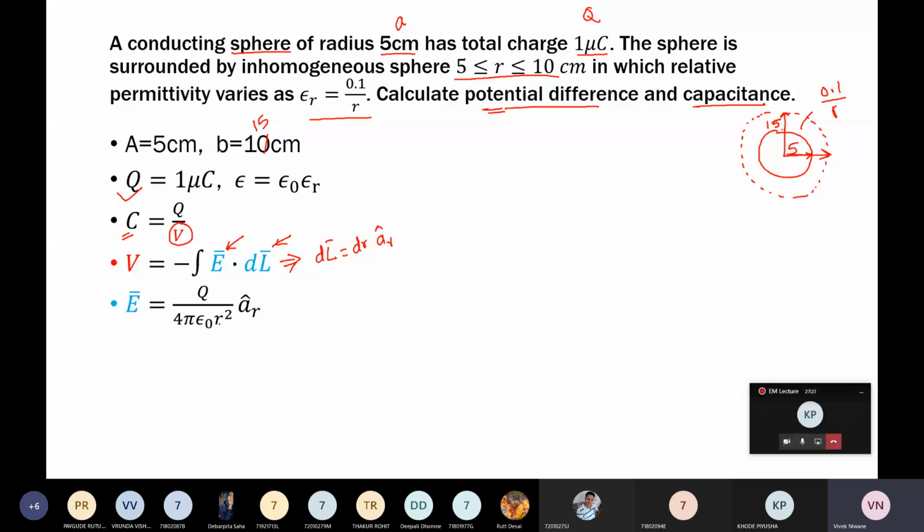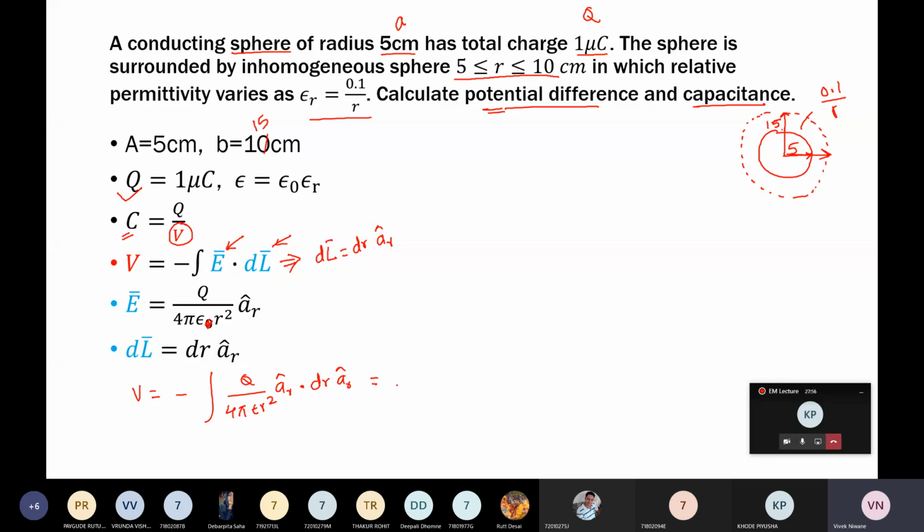Now do remember that we are going to have a 1 upon r square integration. Let me write it down over here by putting the values of E bar. I will write down q upon 4 pi epsilon square ar cap dot dr ar cap.